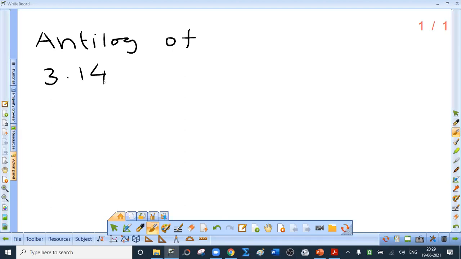See, we'll be doing at least 15-20 sums. Don't worry. I am interested in finding anti-log of 3.14. Means this is log value of some number. Initially, we do not consider characteristic. Why? Because characteristic is 3. Why? Because there must be 4 digits in the integral part. That is why characteristic is 3.